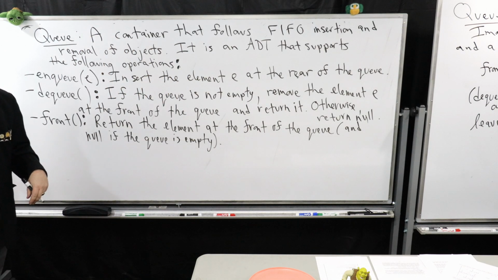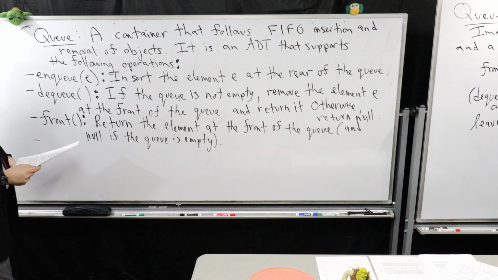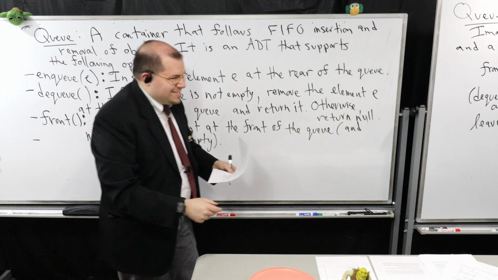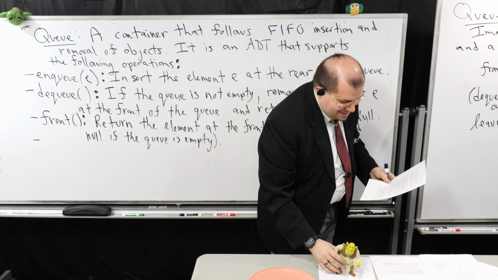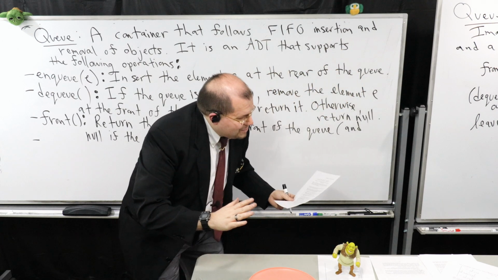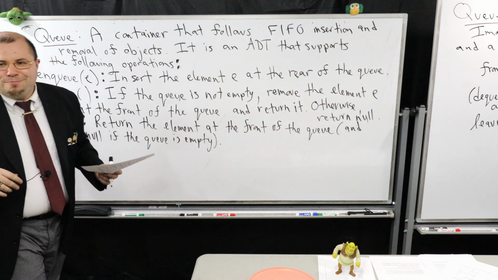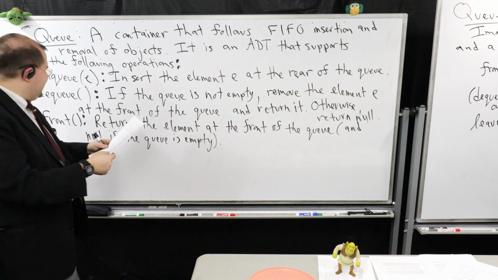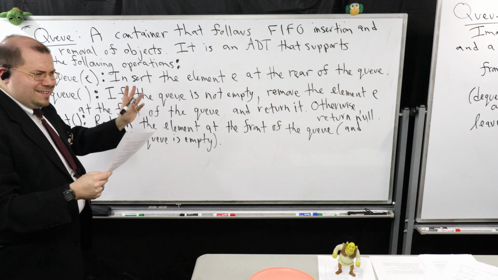So very similar, same idea, except I'm just not going to remove it from the queue. I'm just going to inspect the front of the queue. If say my friend here is just sitting at the front of the queue, my job is just to inspect. I'm not going to take my friend away from the front. I don't think my friend would like that. Unless they're really waiting. In that case, I don't know.